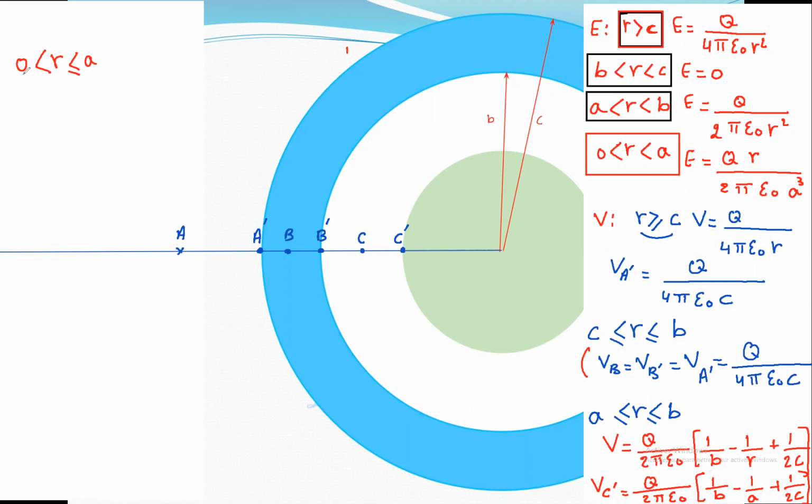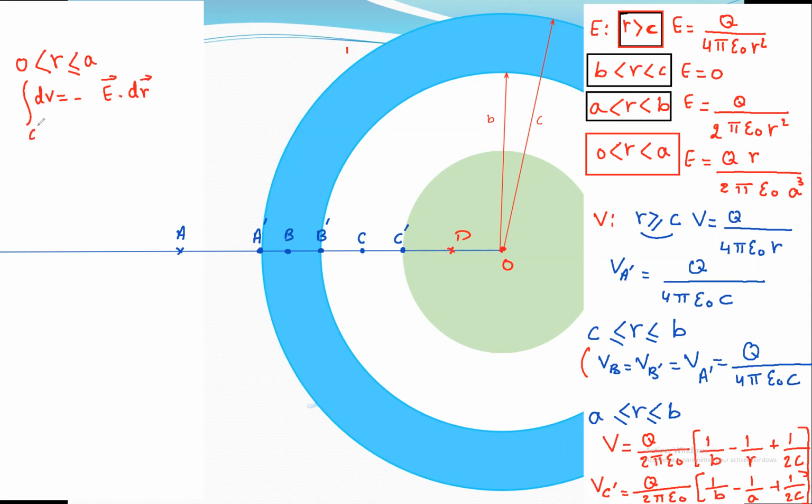Why greater than 0? Because at the origin, let's calculate the value and we discuss later. Here, I can take point D. dV equals minus E dr. For the limit, I take 2 points, C prime and D. I have already V C prime.